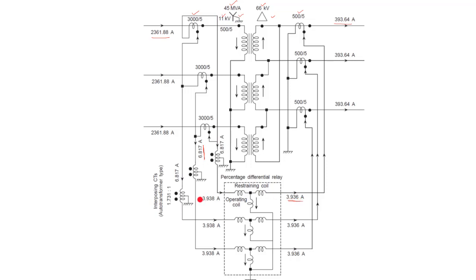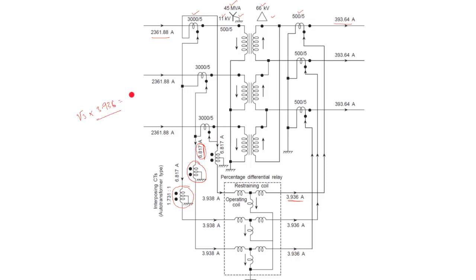So in the star side, in fact, it is a mismatch, therefore we use here an interposing transformer, right. You can see here the interposing transformer is placed. The secondary side of the CT current is 3.936, but the pilot wire current becomes 6.817, because already we have seen it will be root 3 times 3.936.